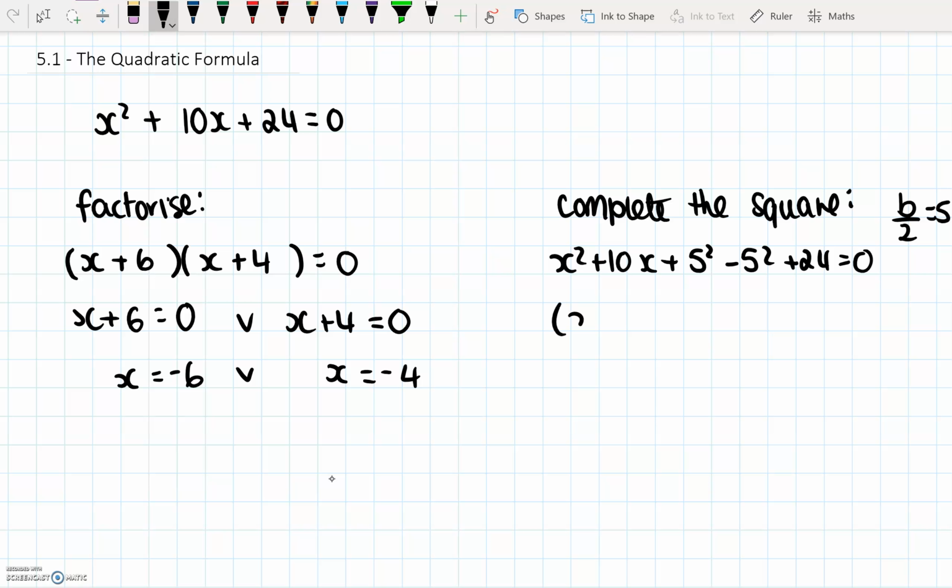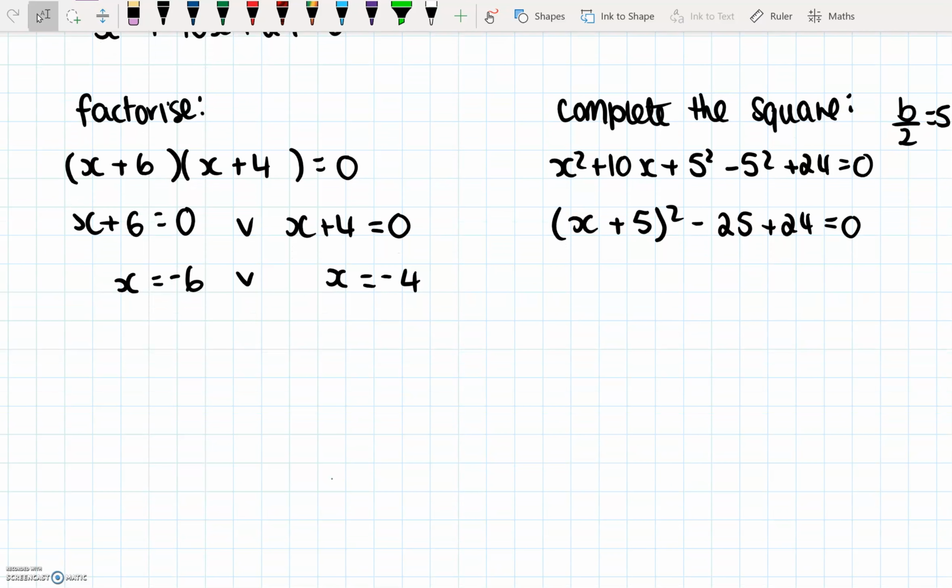We put this into brackets and get (x + 5) squared minus 25 plus 24 equals 0. Then we have (x + 5) squared minus 1 equals 0.